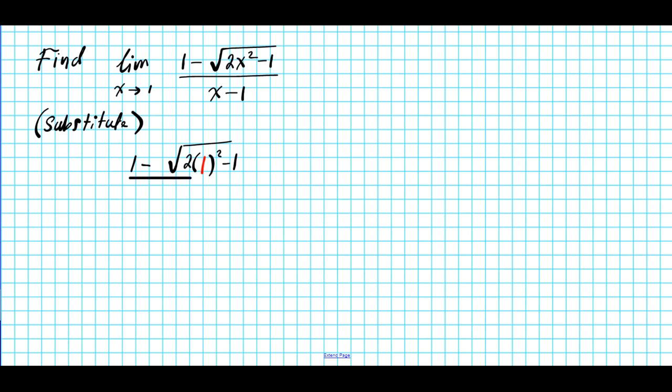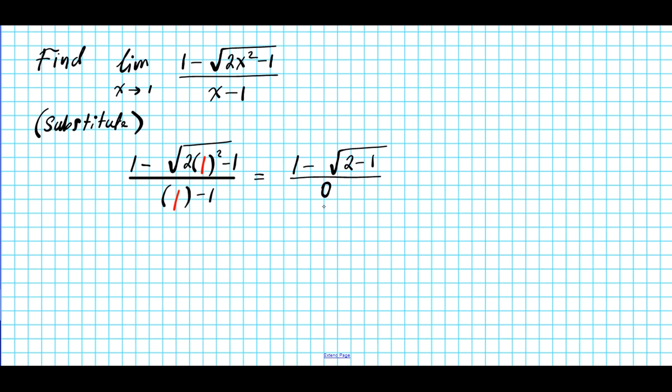And then the entire thing is going to be divided by 1 minus 1. So this is going to become 1 minus the square root of 1 squared is 1, times 2 is 2, minus 1, and the denominator divided by 0.